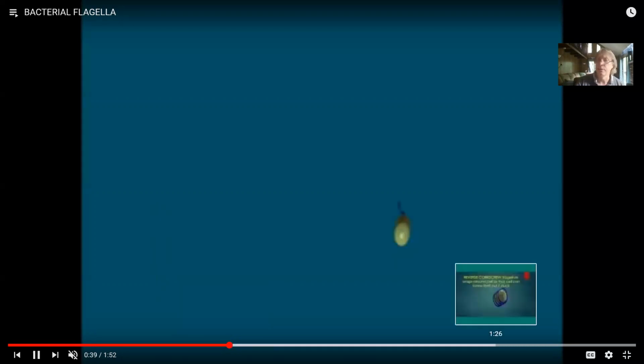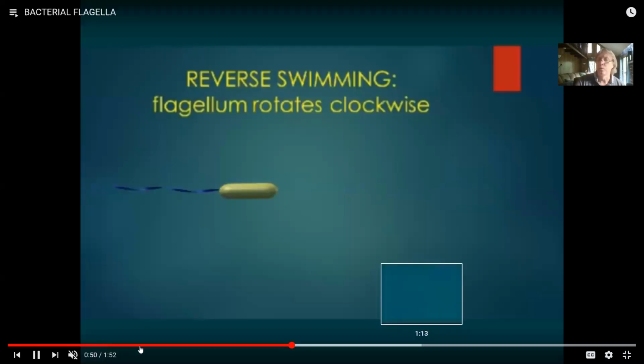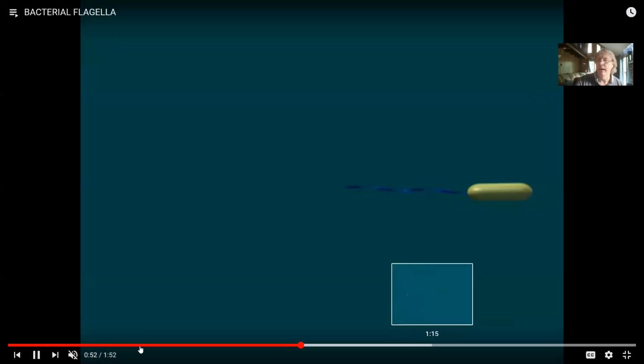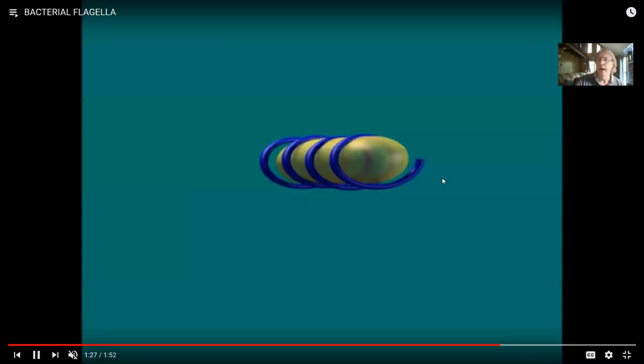Bacterial flagella, as mentioned in the previous video, are different from the flagella which we find in eukaryotic cells or in archaea. They can allow different kinds of swimming, and bacteria don't have to be limited to one single flagellum. They can have multiple flagella. Here's another type of movement known as corkscrew movement.